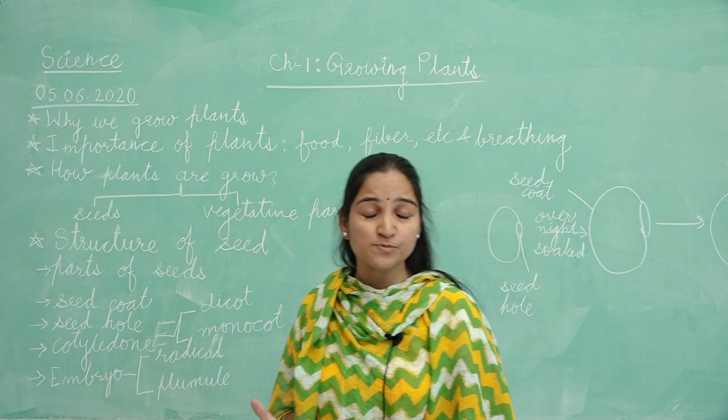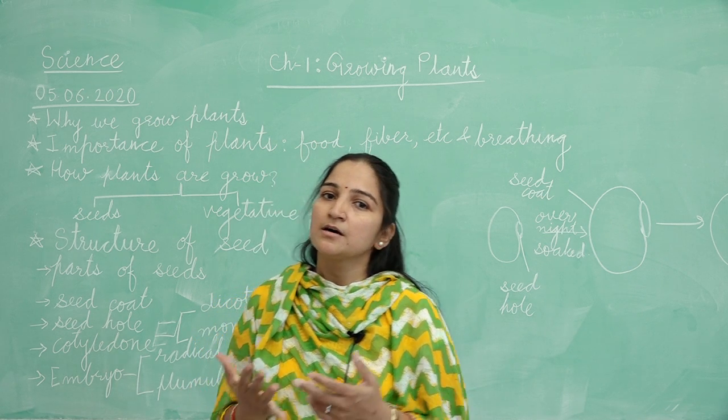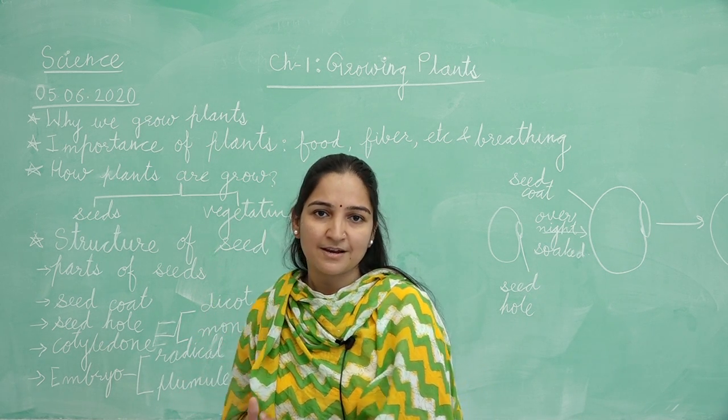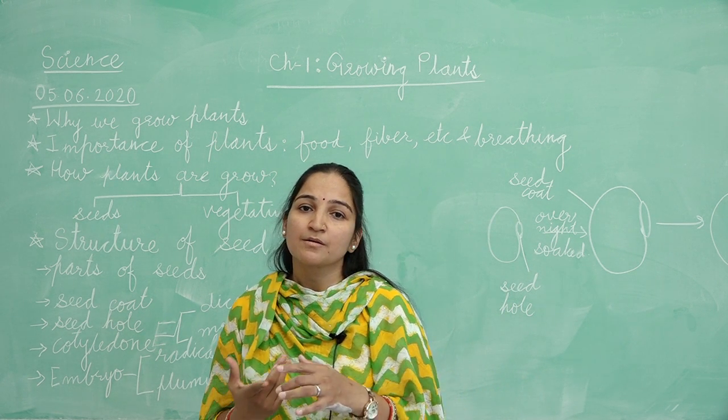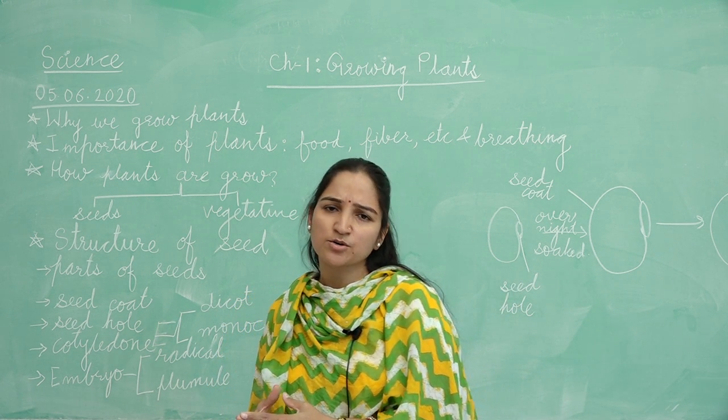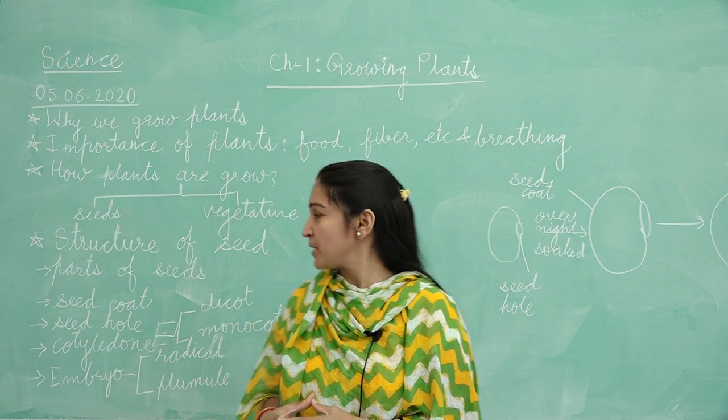Vegetative parts are parts of the plant like leaf, root, stem, branches. All these are called the vegetative parts.